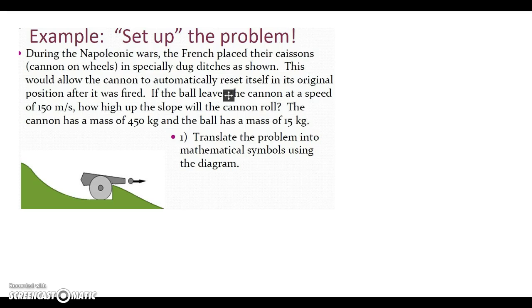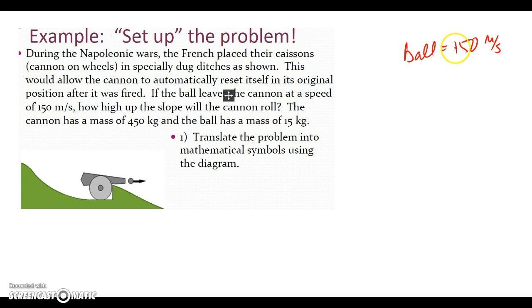The important thing right now is this cannon is at rest. But we are going to have the cannon shoot a cannonball, and the ball will have a speed of 150 meters per second.